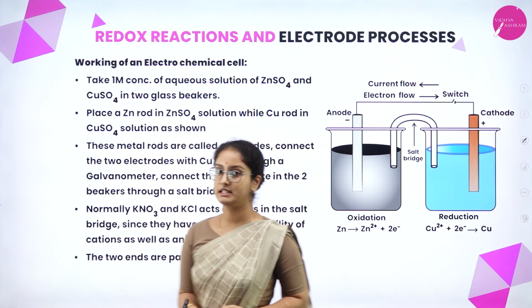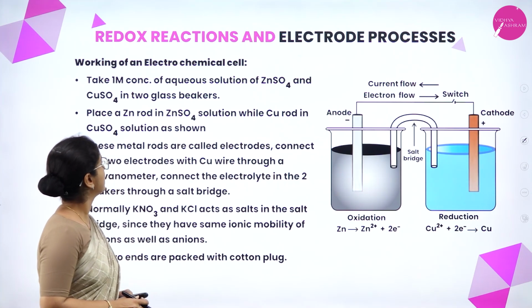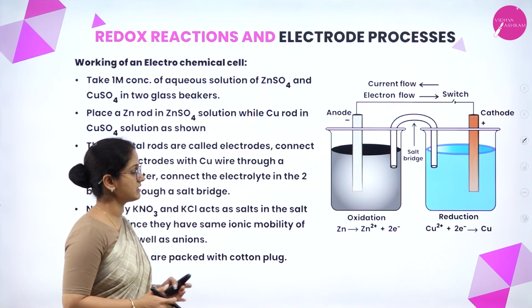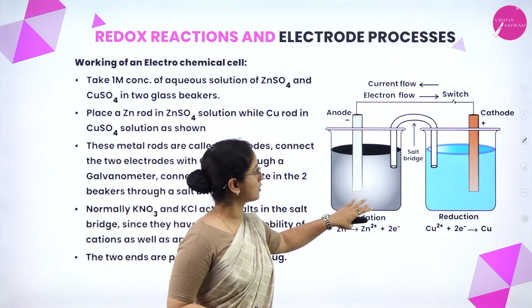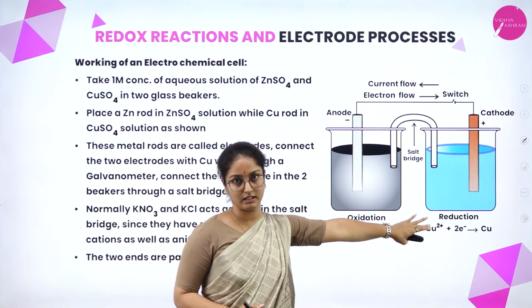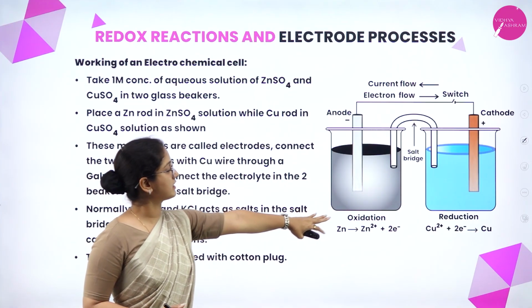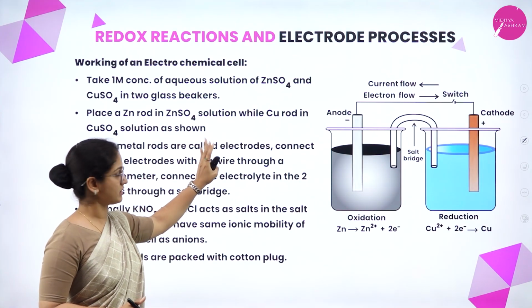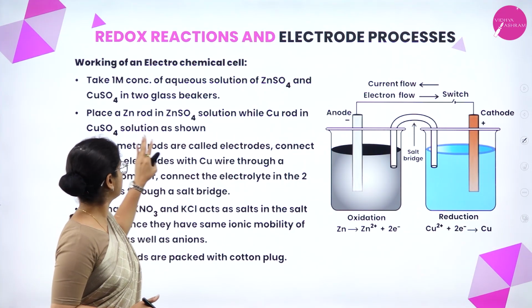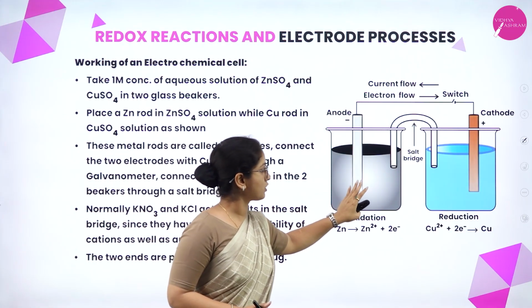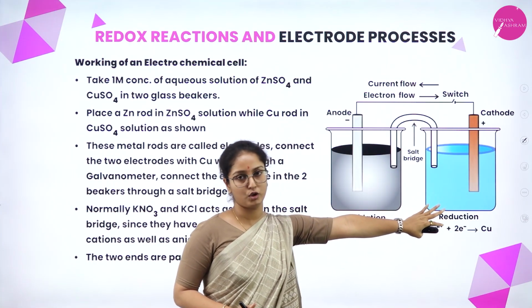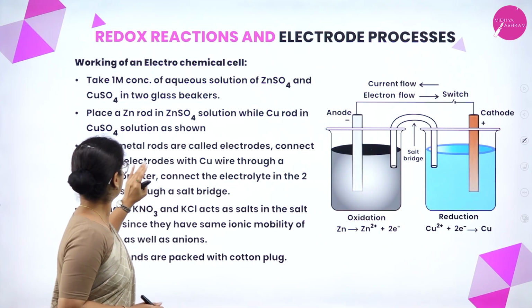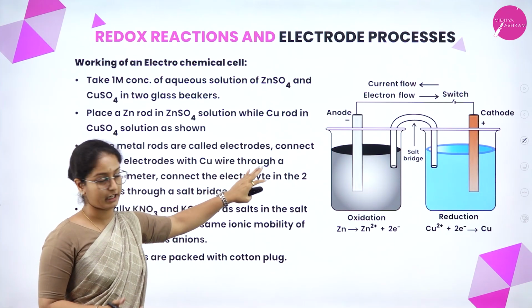First, take 1 molar aqueous solutions of zinc sulfate and copper sulfate in 2 glass beakers. One beaker has copper sulfate solution, which is blue in color, and the other has zinc sulfate. Next, place a zinc rod in the zinc sulfate solution and a copper rod in the copper sulfate solution. These metal rods are called electrodes.